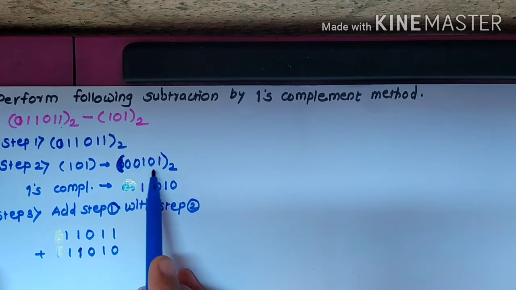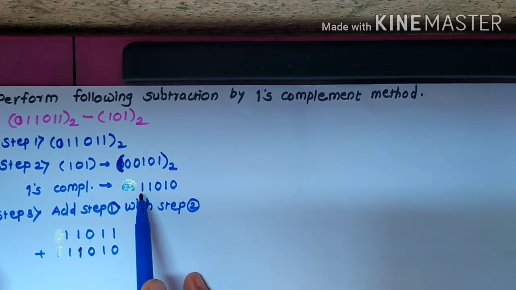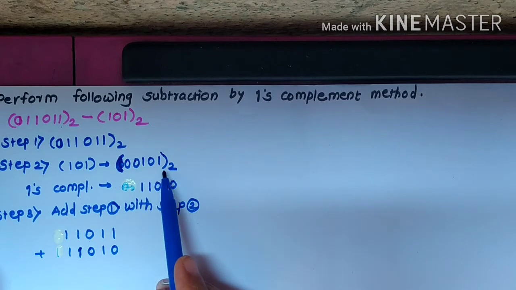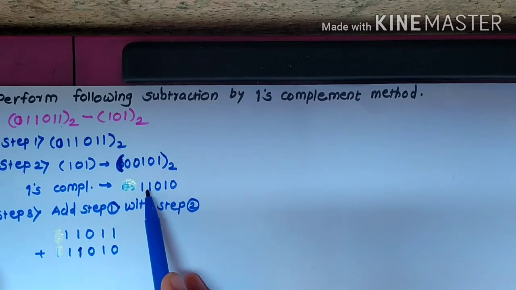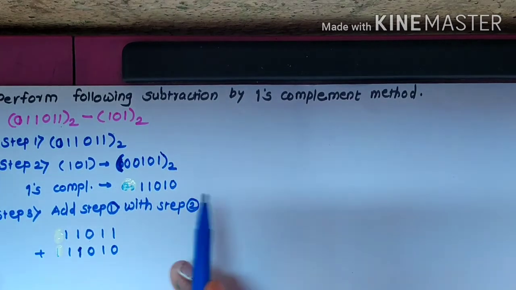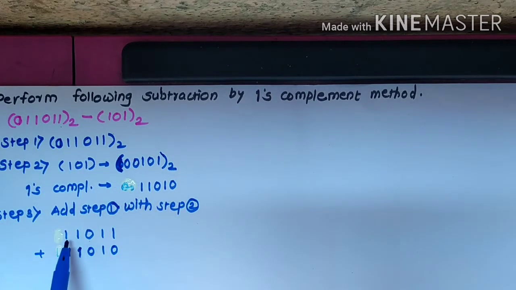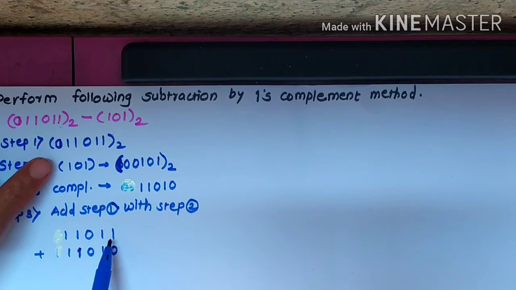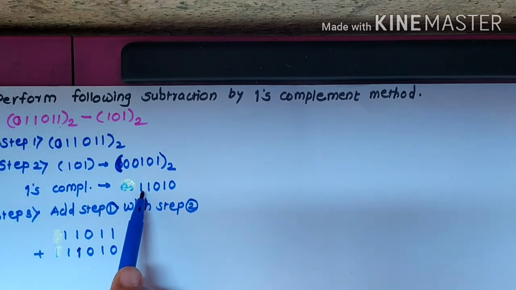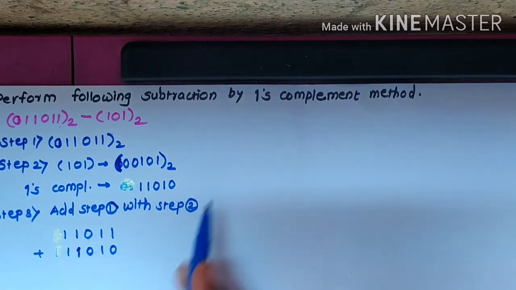This is a 5 bit data. So one's complement of this 5 bit data will be 11010. By adding step 1 to step 2, we'll get 11011 plus 11010.